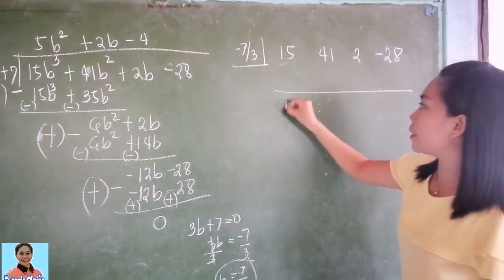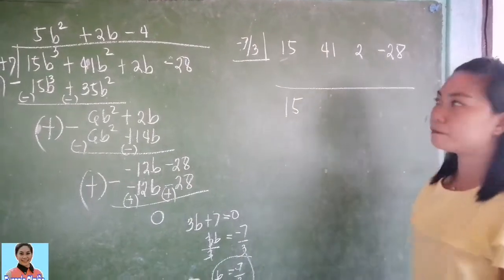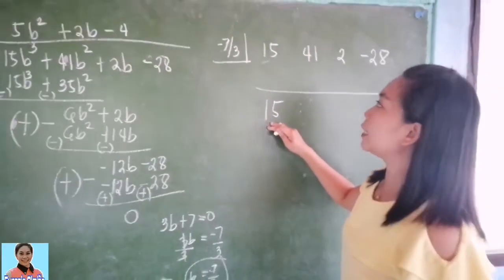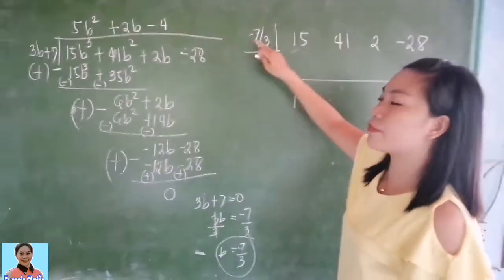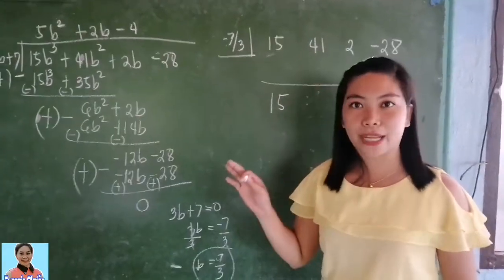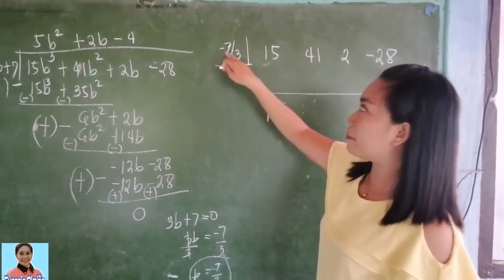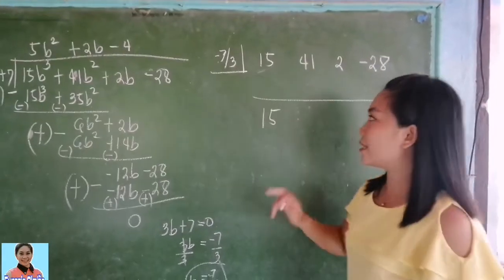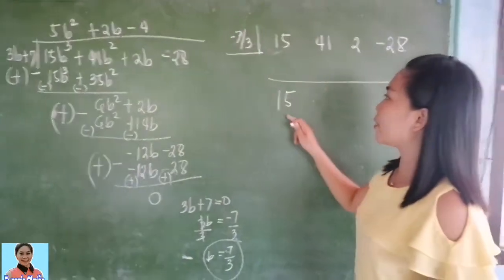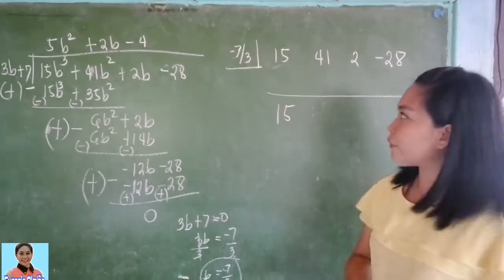Then, let's bring down 15. 15 multiplied by negative 7 thirds. So, iisa-isahin po natin 15 multiplied by negative 7. What is the answer? So, you have 35 and 105.